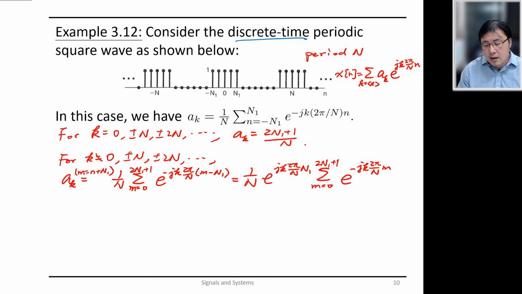So here we have a summation over a geometric series.